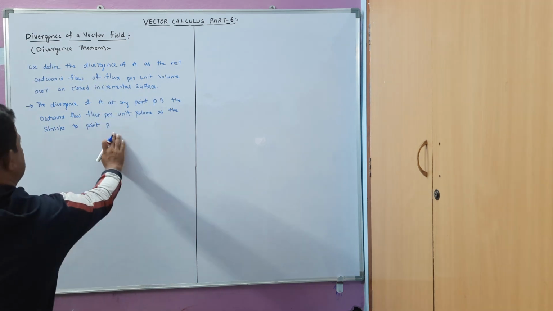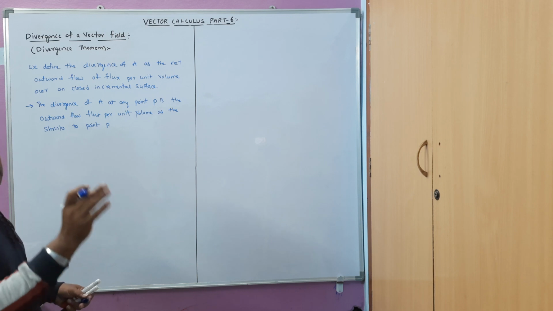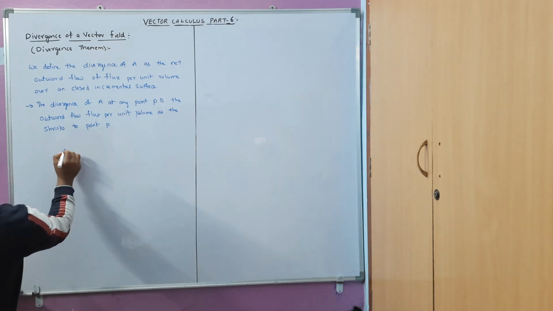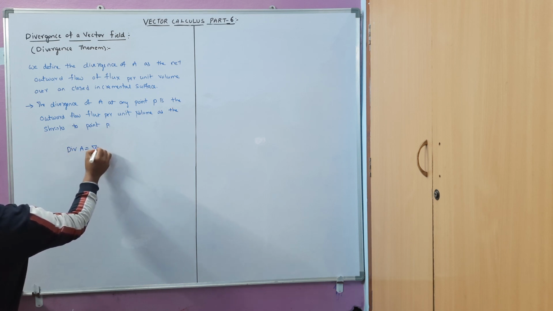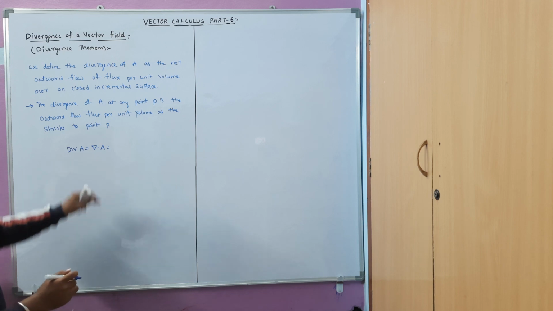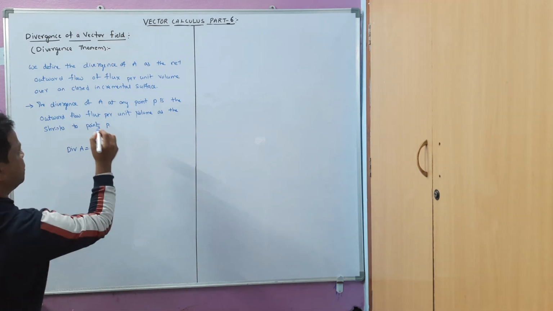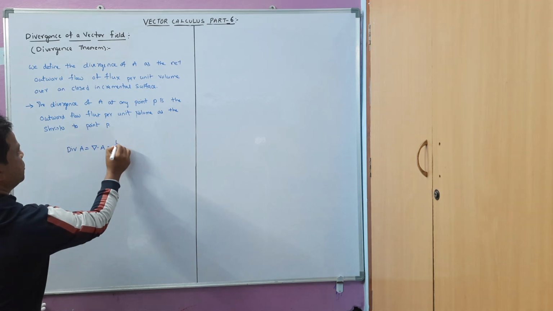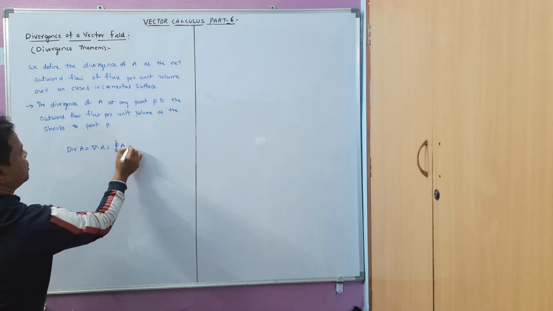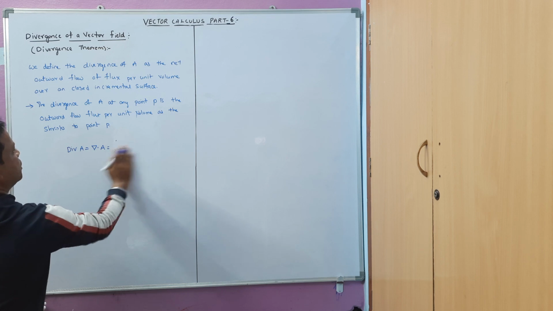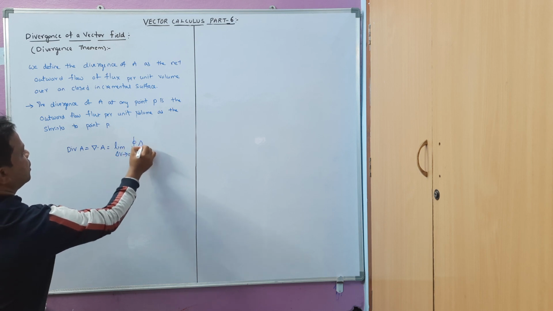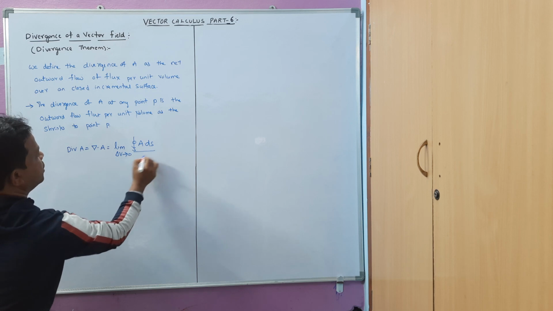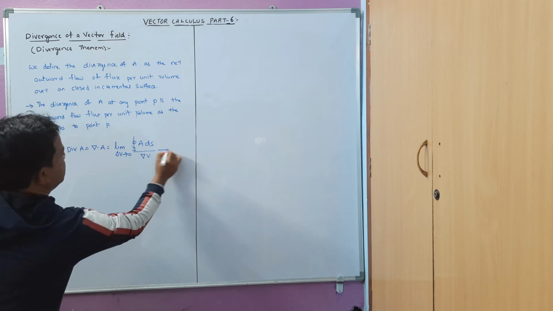Now, by taking this definition we will write the mathematical form of the divergence. We can write div A, the divergence of A, or del dot A. It is given by the limit as delta V tends to 0 of the closed surface integral of A dot dS divided by delta V. Let me take this as equation 1.